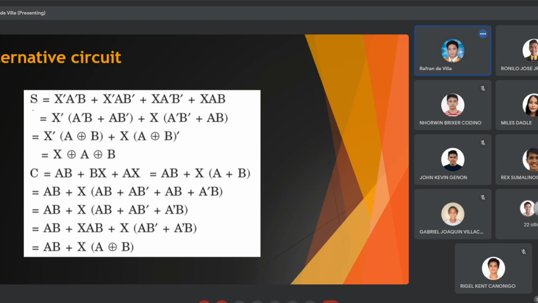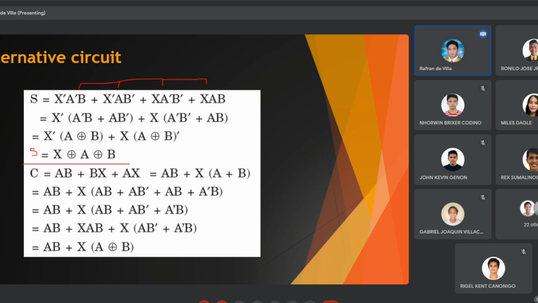Indeed, by combining strategic groupings of the product terms, we can implement the sum simply using the XOR operation.